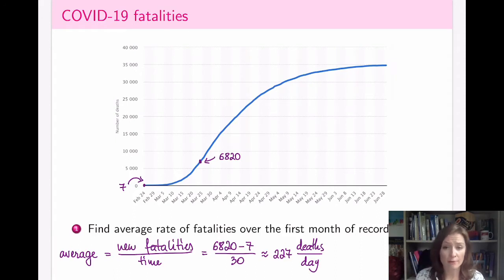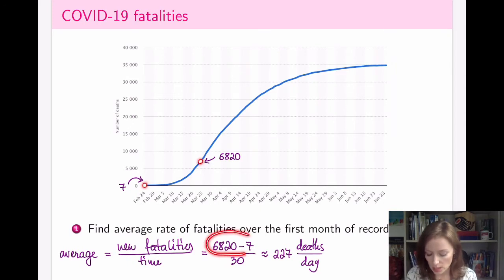Now I have my graph here, and so it makes sense to ask, what does that number mean in terms of the actual graph? So let's take a look at these 2 points. On the top of my fraction, I computed the difference between those 2 numbers, right? Between the y-coordinate of this point and the y-coordinate of this point. So I've actually computed this distance. This was the numerator in my fraction here.